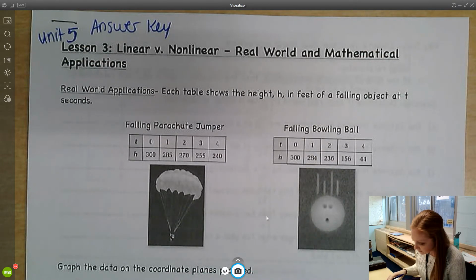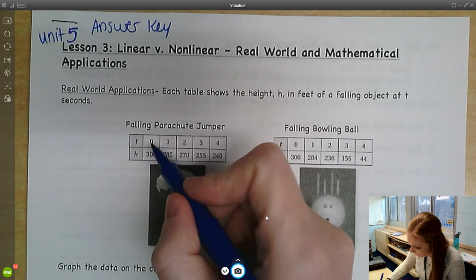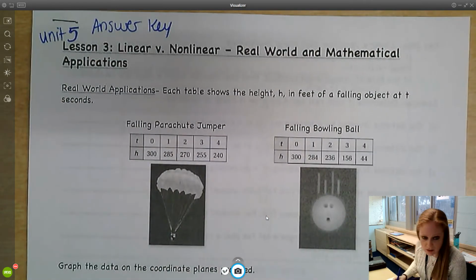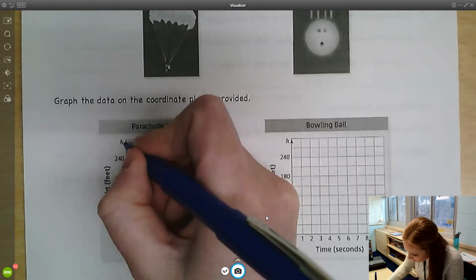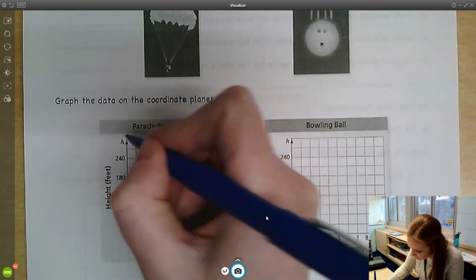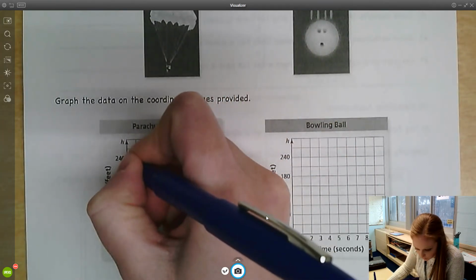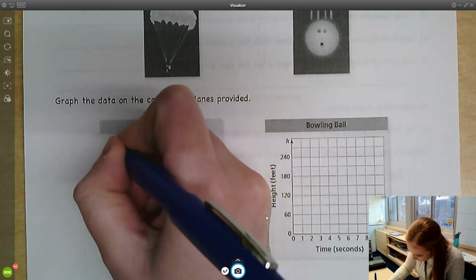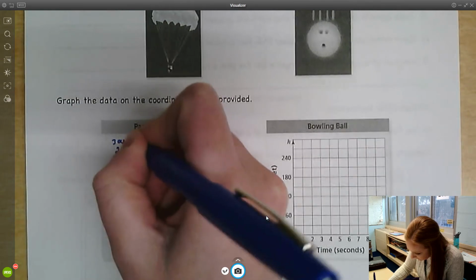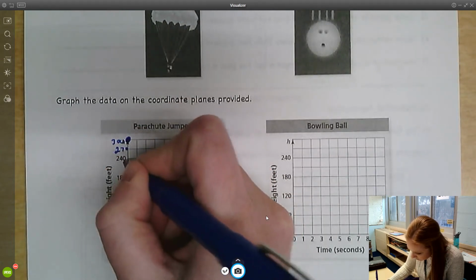All right. So let's graph this. 0, 300. When the time is 0, the parachute is at 300. So let's see, if this is 240, this would be 270, this would be 300. Right, so let's just fill in.